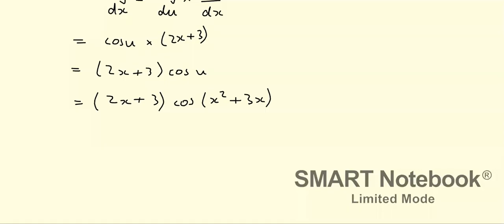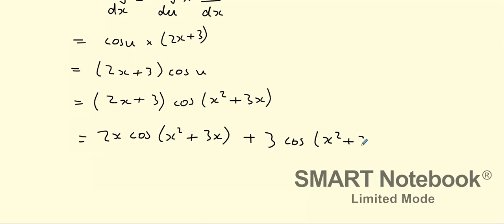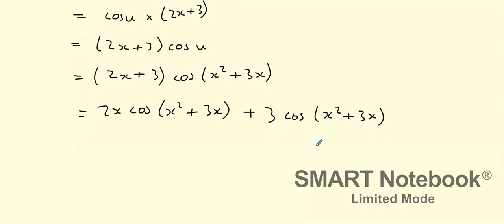The answer for this would have been 2x cos(x squared plus 3x) plus 3 cos(x squared plus 3x). Okay, so that is equivalently correct. That's not wrong, I've just got it in a simpler format here. Now, what is wrong?